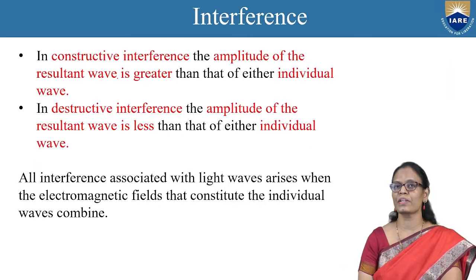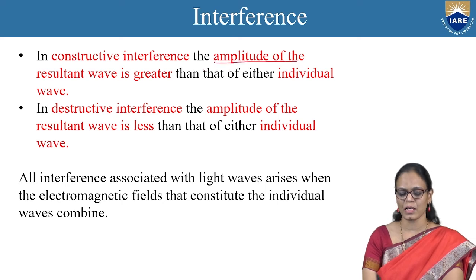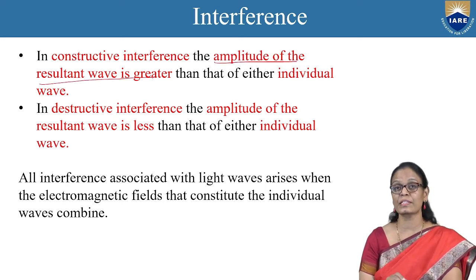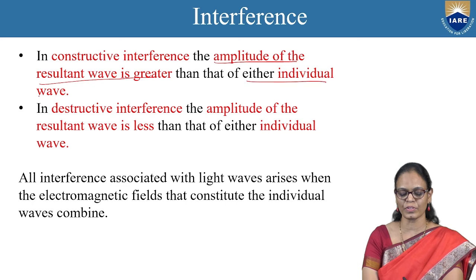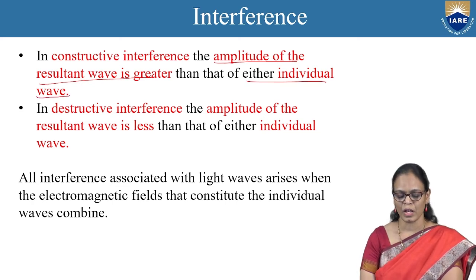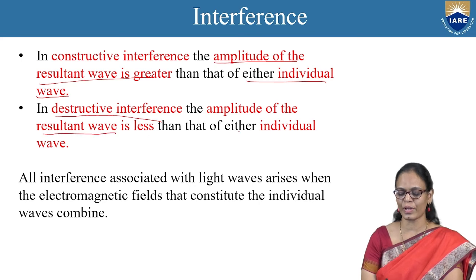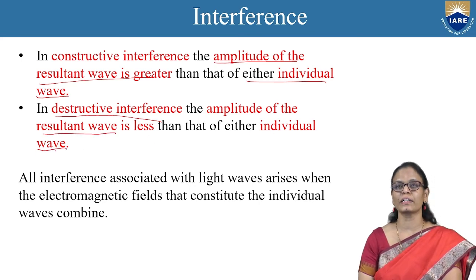So in constructive interference, the amplitude of the resultant wave is greater than that of either of the individual waves. And in destructive interference, the amplitude of the resultant wave is less than that of either of the waves. Let me explain this point with the help of an example.